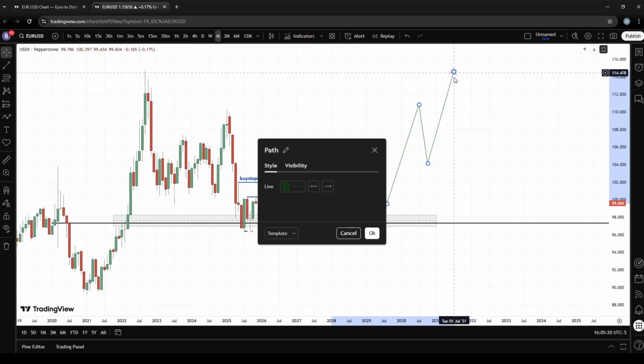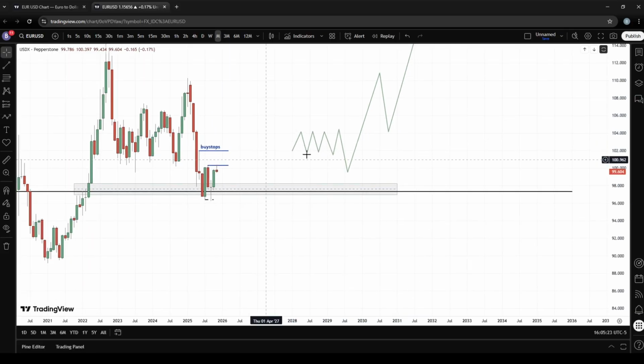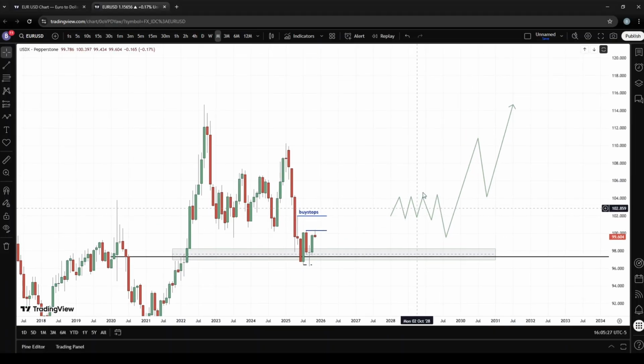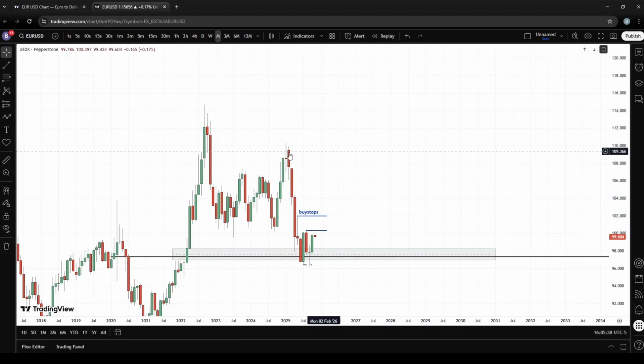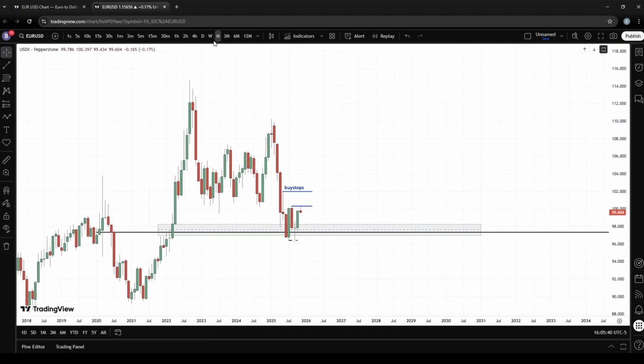So this is how each and every candle, most of the time, forms. It will accumulate, manipulate, then distribute toward the direction which was intended for it to go. So this is the monthly.